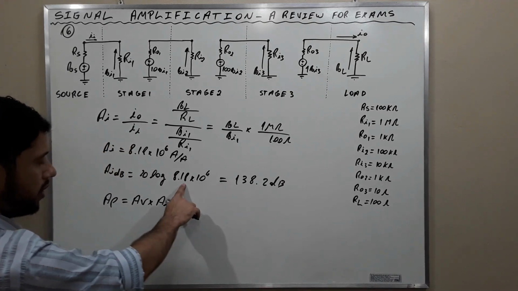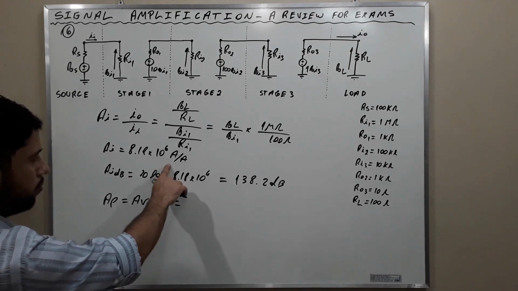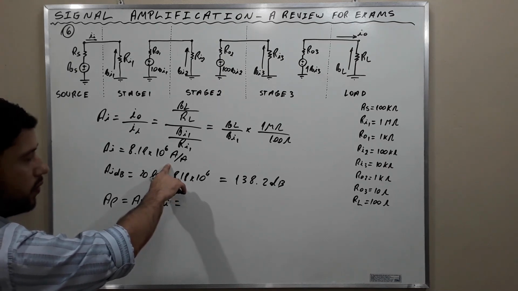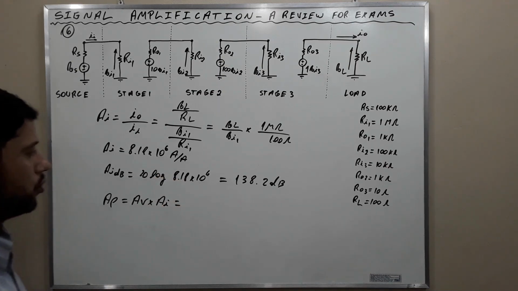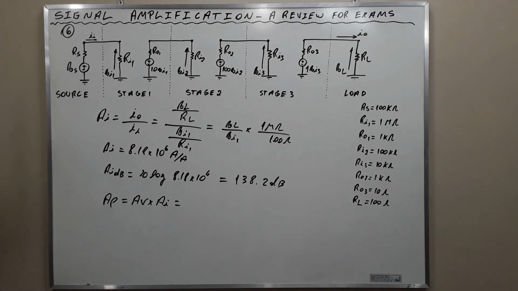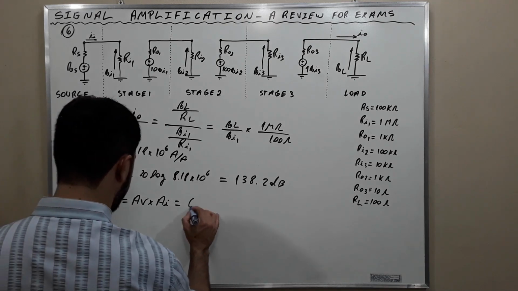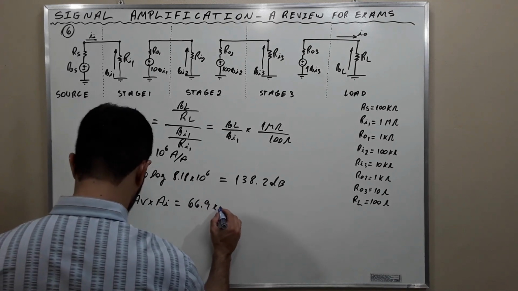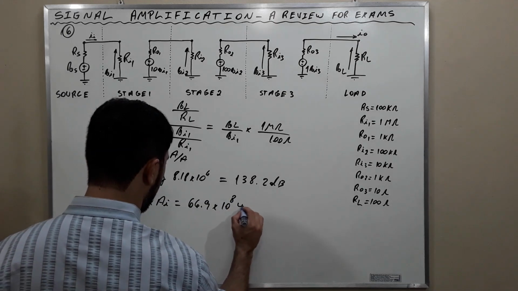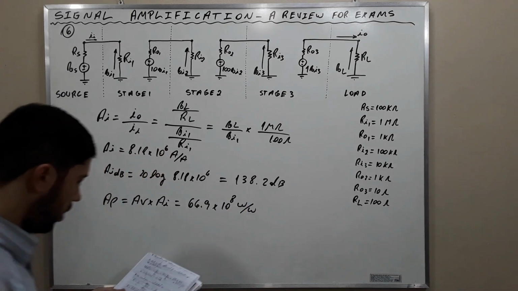This is in decibel, but this is in amperes per ampere. We use the value in amperes per ampere. We use the value of the voltage gain that we calculated, and we get a power gain equal to 66.9 times 10 to the 8th watts per watt.